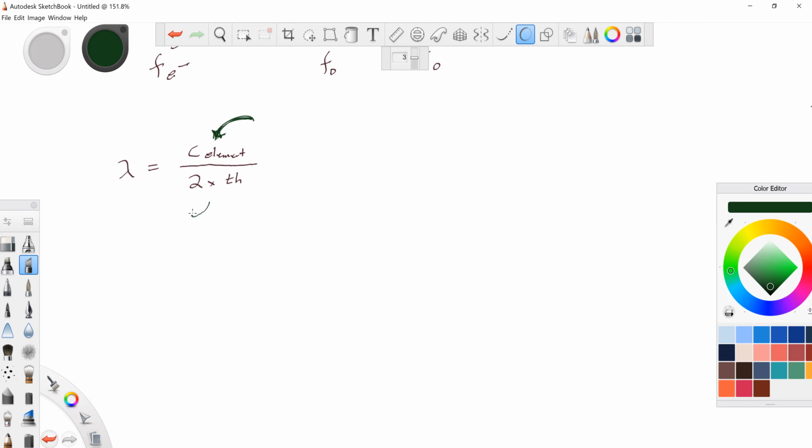And 2 times the thickness. So why 2 times the thickness? We've already shown you. Basically, there's 1 thickness, there's 2 thickness.